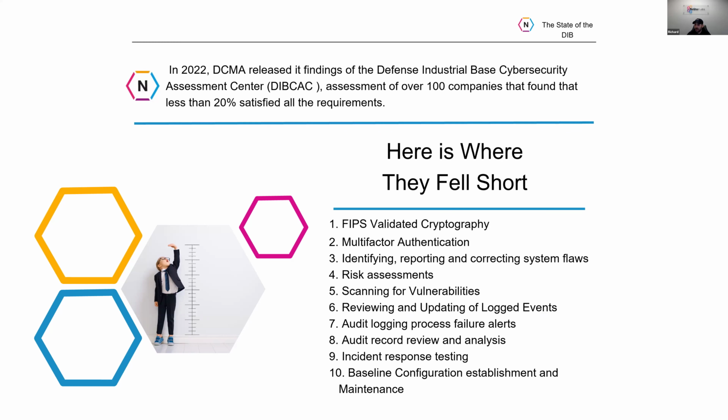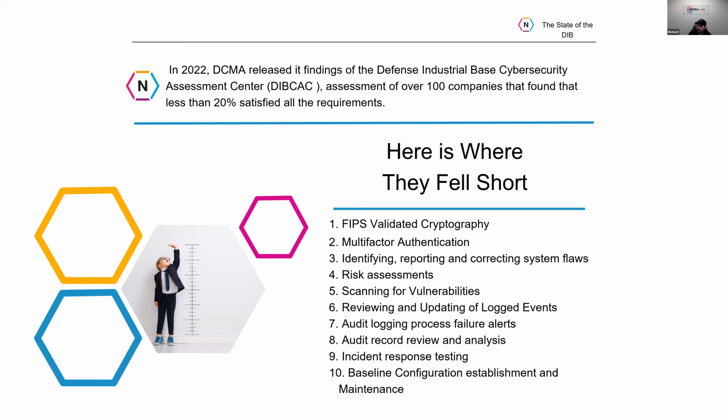Audit logging process failures. If you don't have a SIEM tool, that process isn't even in place most of the time, so you can't really alert in the event of an audit process failure. Incident response testing. So you might have a plan, but you haven't tested it out. It's pretty self-explanatory.